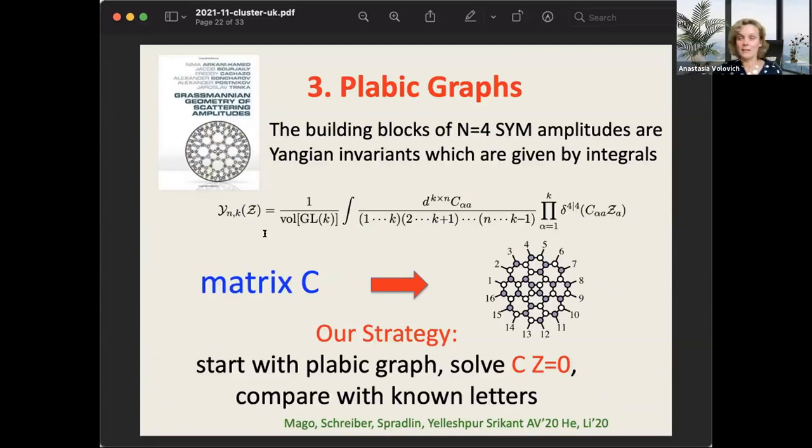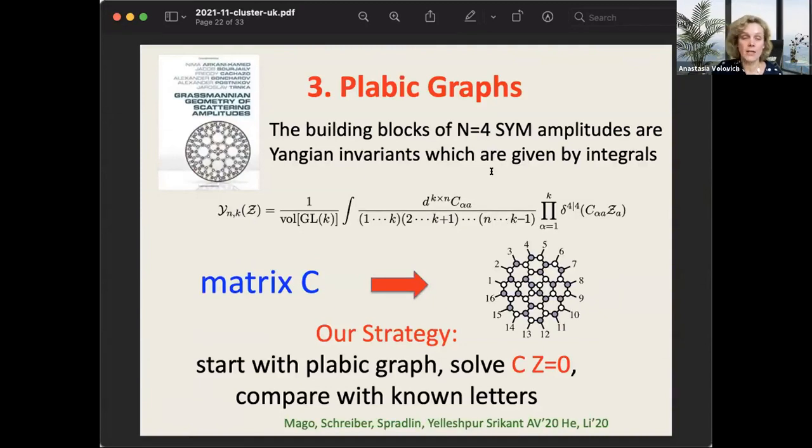So this technique has been used in physics. Our strategy is going to be very simple. Each Plabic graph comes with a matrix C, which, given a certain parameterization, you can write for various reasons, which I'm not going to describe.